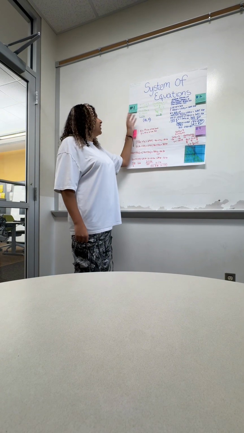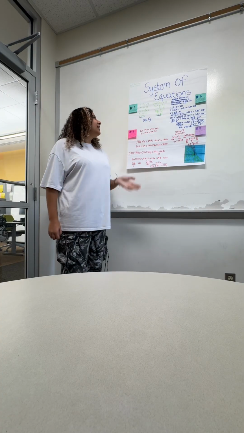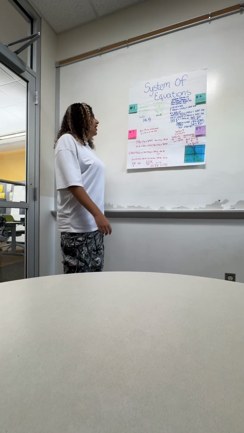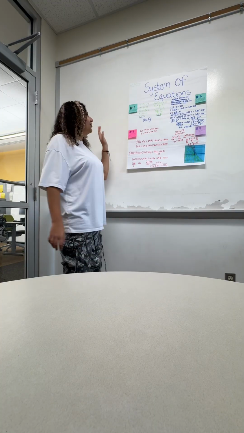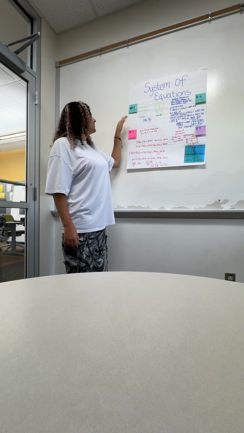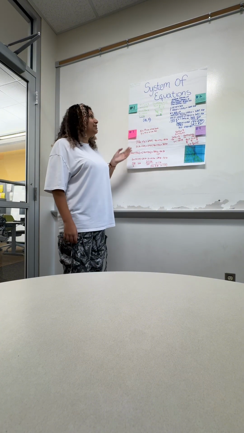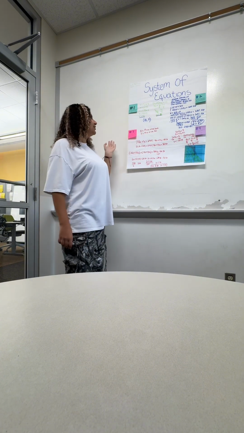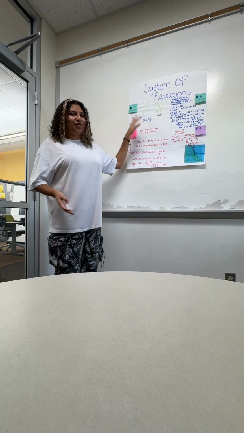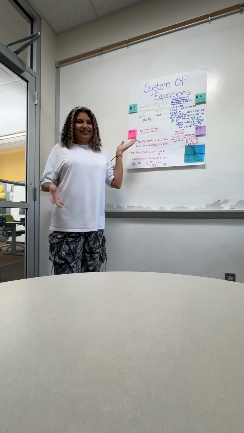And then you would get 3y equals 21. And you just divide by 3. And it's going to give you y equals 7. And then over here, you have to plug in for y. And then x equals 2 times 7 plus 4, which would be 14 plus 4. And that would equal 18. And here we have our ordered pair for x and y is going to be 18 and 7.